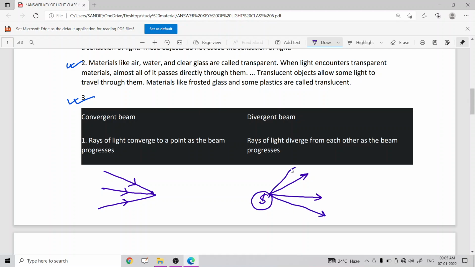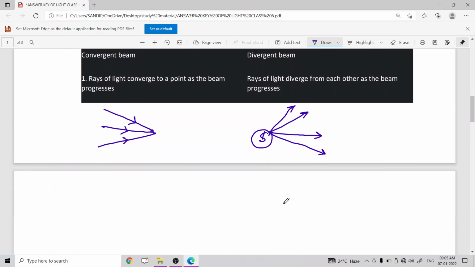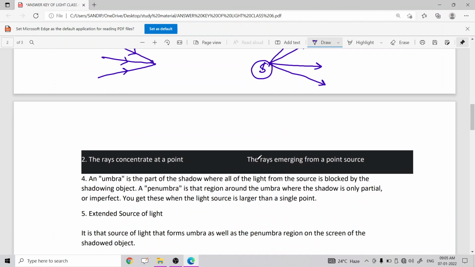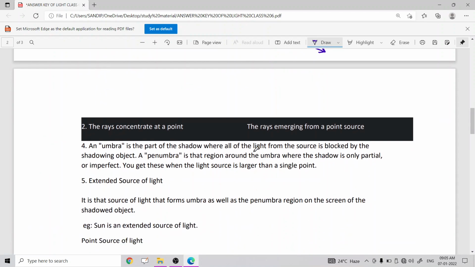This type of divergence we can get. So for convergent rays, the rays concentrate to a particular point, and for divergent rays, the rays emerge from a point source.